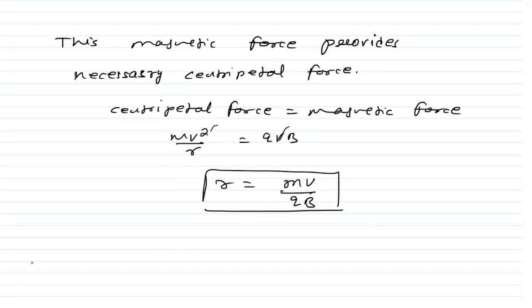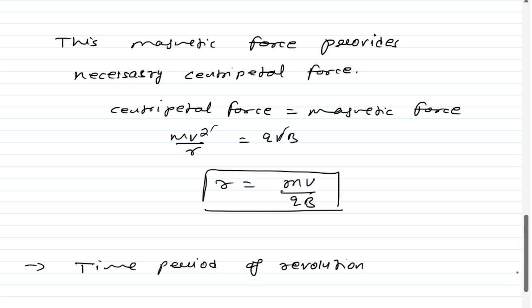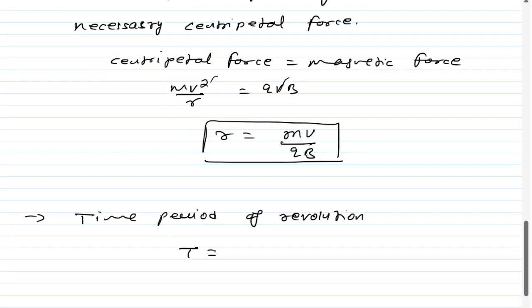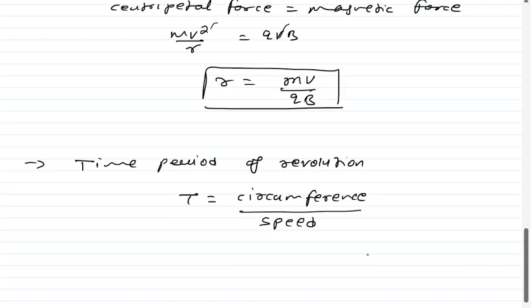So we can derive the time period of revolution of the charge. So we know time is equal to distance upon speed, that is circumference upon speed.